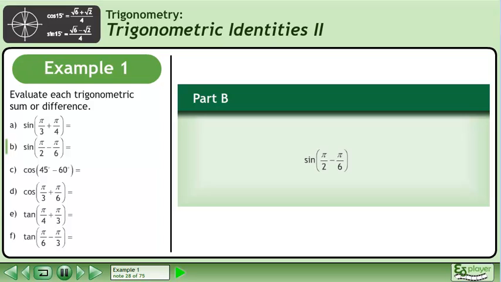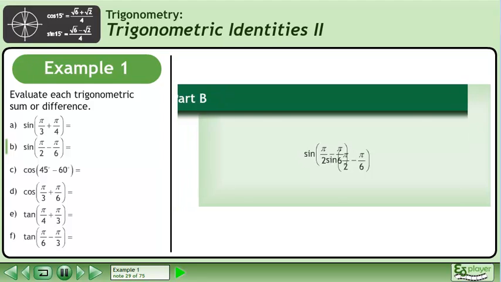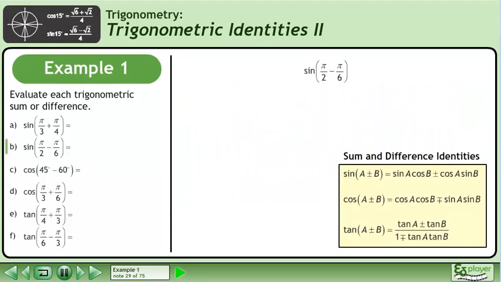In Part B, evaluate the sine of pi over 2 minus pi over 6. Bring up the sum and difference identities. Use the difference formula for sine.